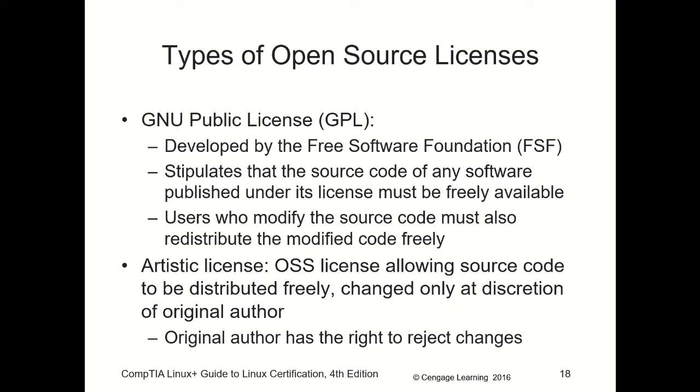Users who modify the source code must also redistribute the modified code freely. Then you have the Artistic License, an open source software license allowing source code to be distributed freely, charged only at the discretion of the original user. The original author has the right to reject the changes, of course.